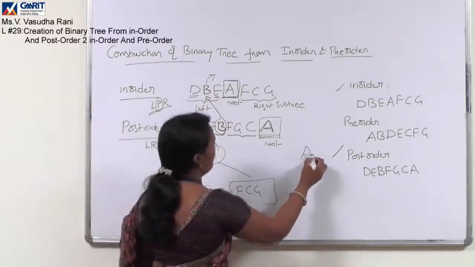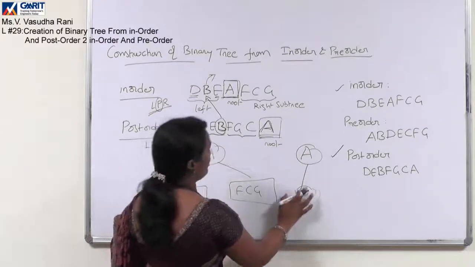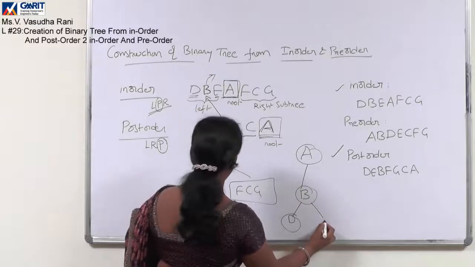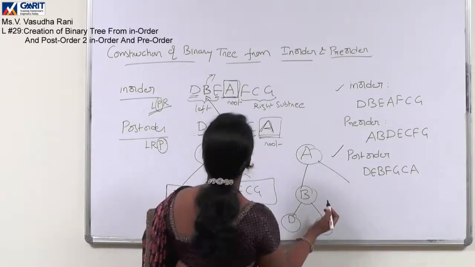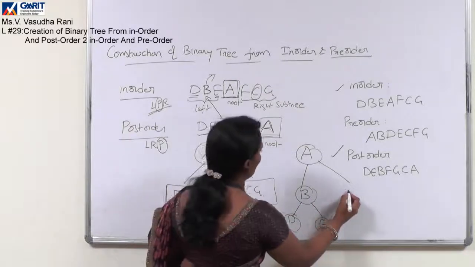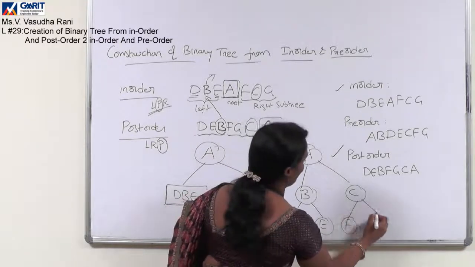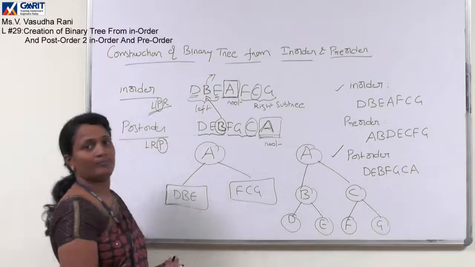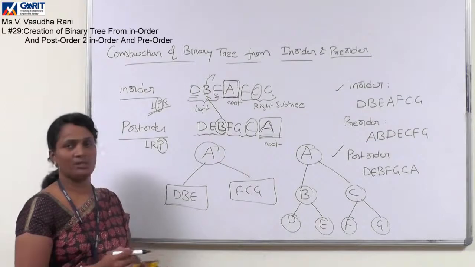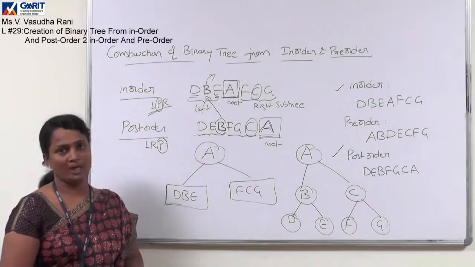From this you can derive that A is the parent and the next level parent is B, with its left D and its right E. And again for FCG, C is the parent node at the second level, F is its left and G is its right. So this is how, if in-order and post-order sequences, or in-order and pre-order sequences, are given, we can construct the binary tree.